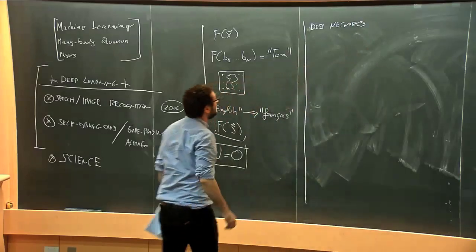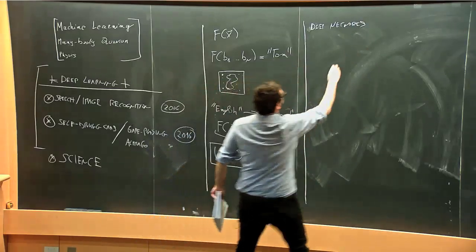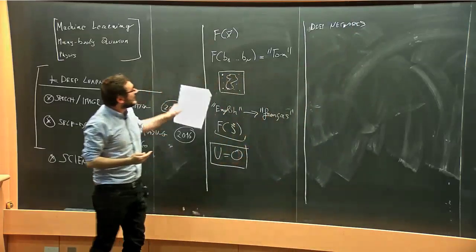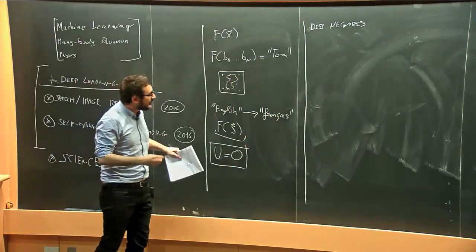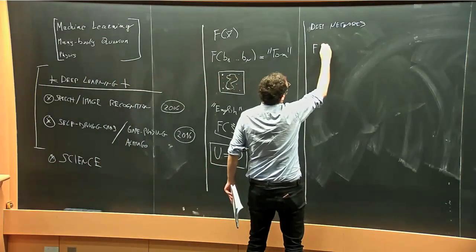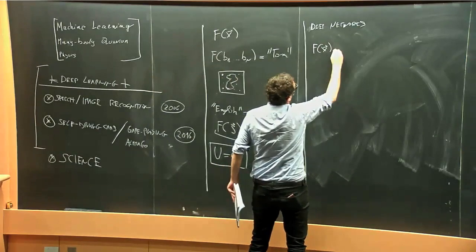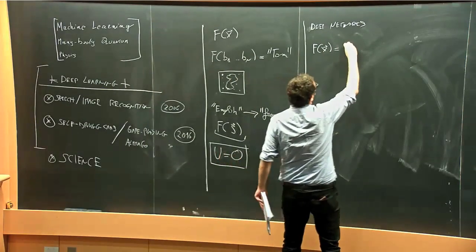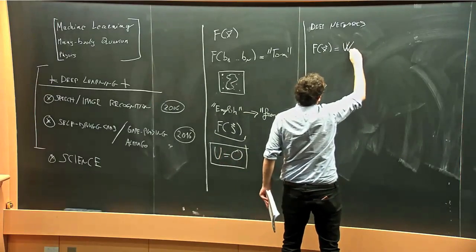I apologize for my handwriting, which has been horrible since elementary school. So basically, deep networks are nothing but a compact way of parameterizing high-dimensional functions. Consider again the simple case of some f of x. The way a deep network parameterizes this high-dimensional function is relatively easy.